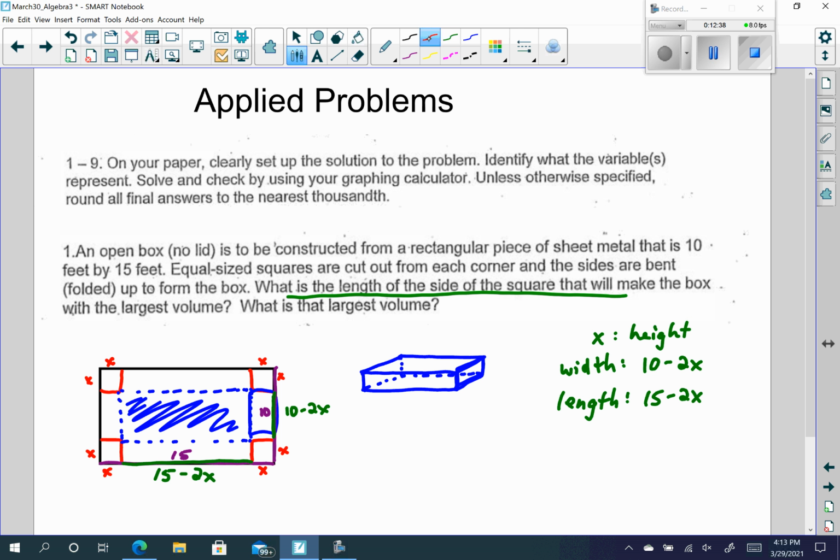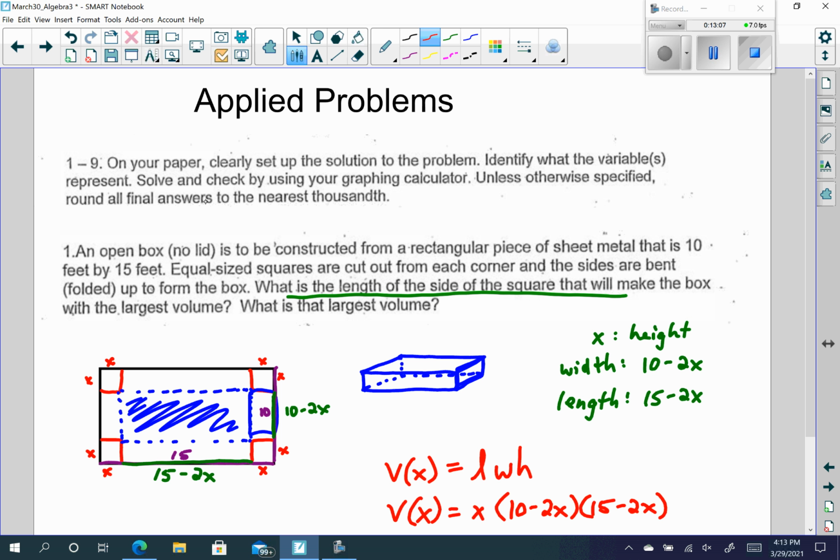So now we need to come up with a function. I'm going to call this V of X for volume. And if you remember, the formula for volume of a rectangular prism is just length times width times height, but all in terms of X. So V of X is going to equal, I'm going to put the height first, X times our width, which is 10 minus 2X, times our length, which is 15 minus 2X.